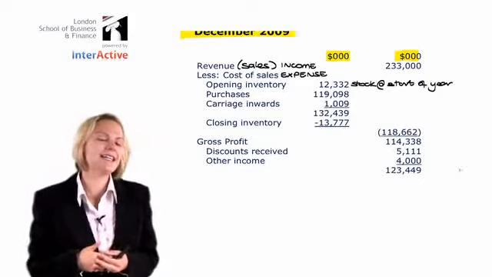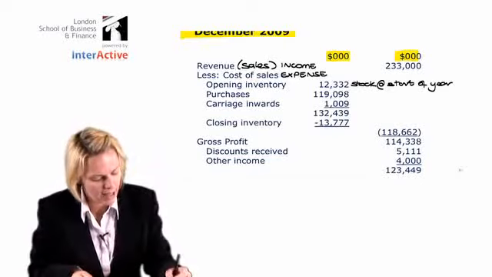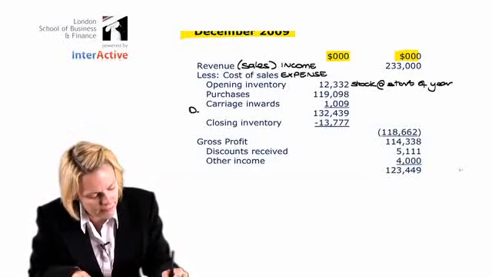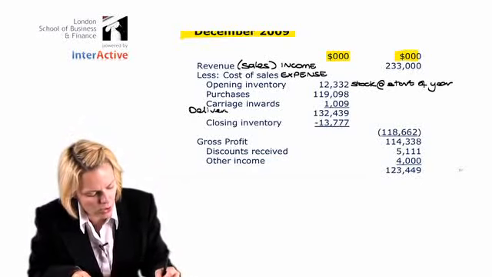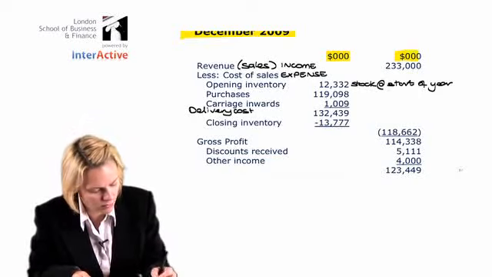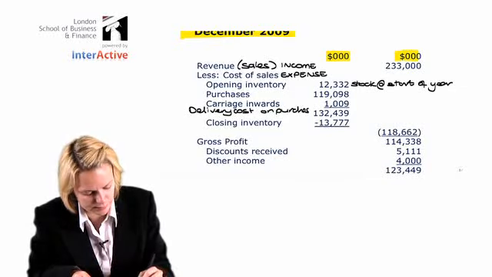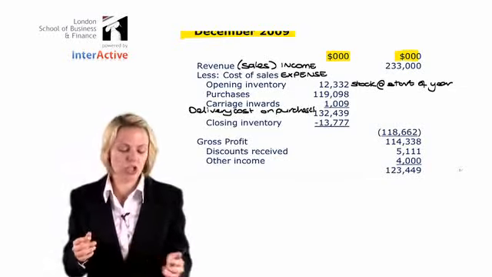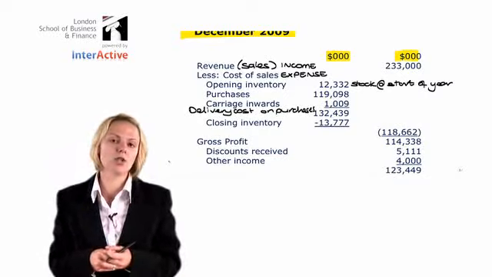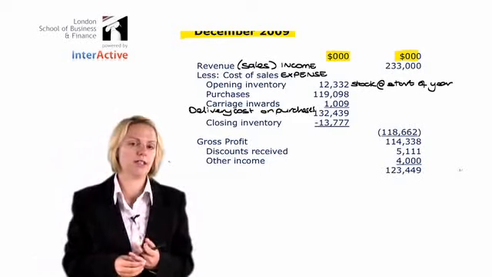Our next line is carriage inwards. And this is the delivery cost on purchases. Okay? So carriage inwards is the delivery cost on the goods that you purchase.